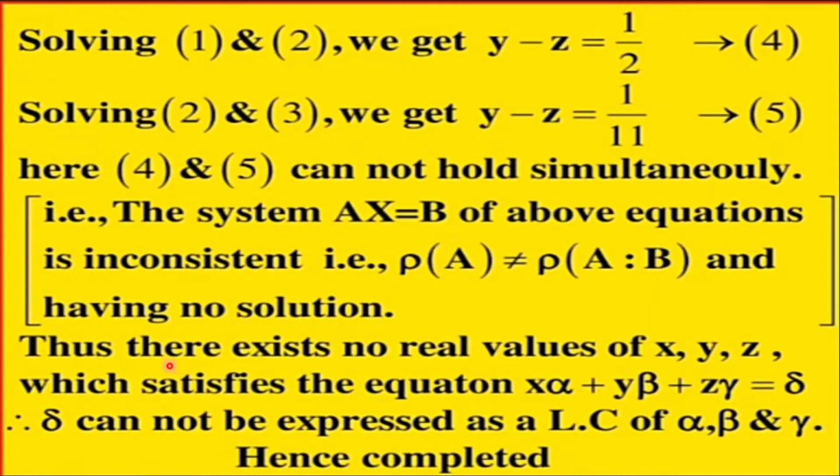Thus, there exist no real values of x, y, z which satisfy the equation x alpha plus y beta plus z gamma equals delta. Therefore, delta cannot be expressed as a linear combination of alpha, beta and gamma, hence completed.